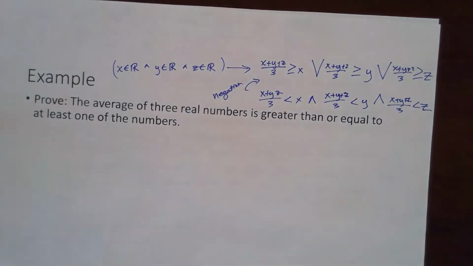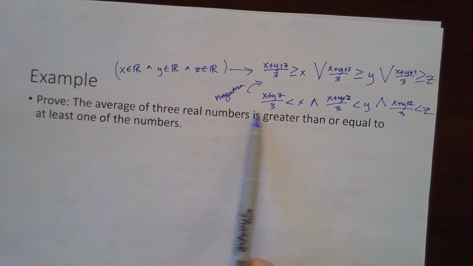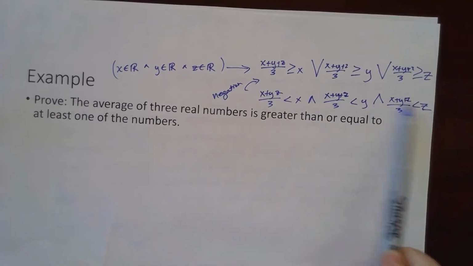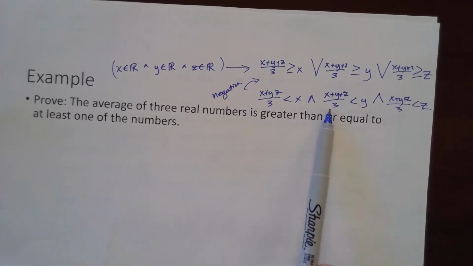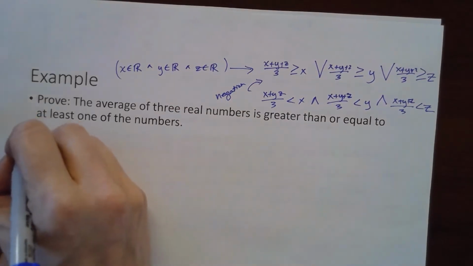That's much easier to work with. If I knew that was true, then I know how the average relates to the values. This is true, and this is true, and this is true. That's the only way for this whole thing to be true. Easy to work with, hard to work with. So the way that it's written gives us an indication that we have to negate that conclusion, or it's going to be a nightmare. So proof by contradiction is a good idea, and that's what we'll do.